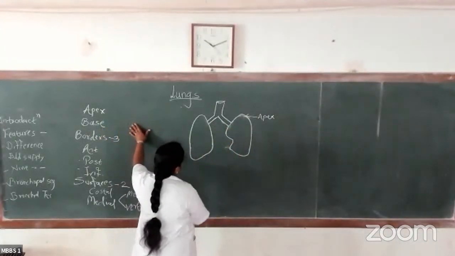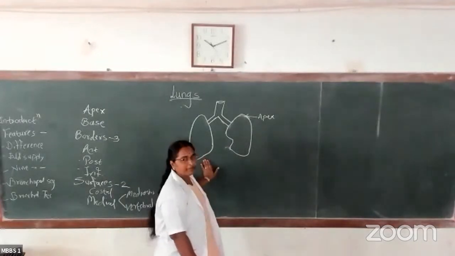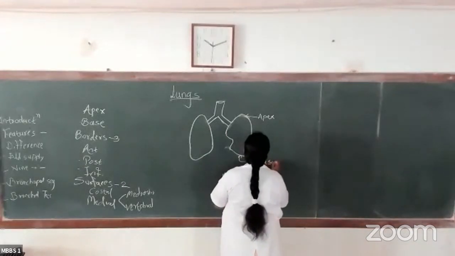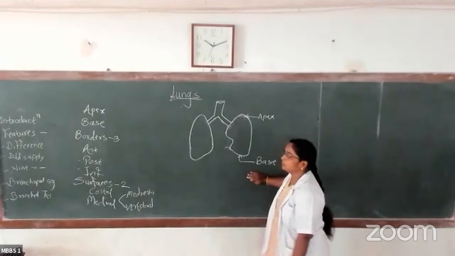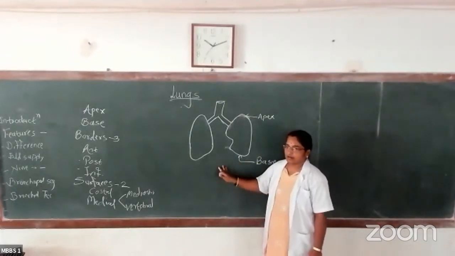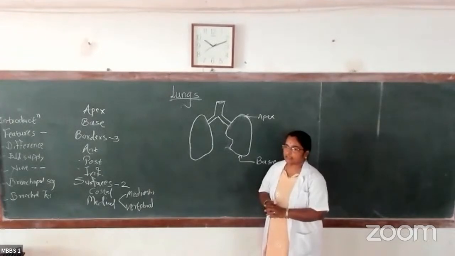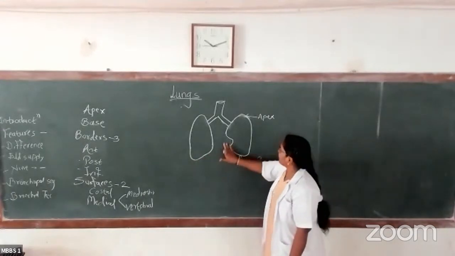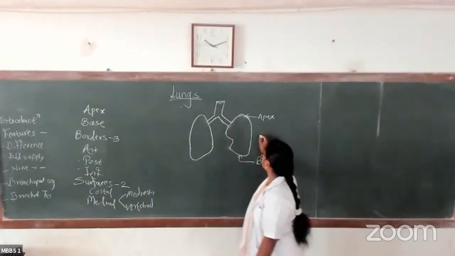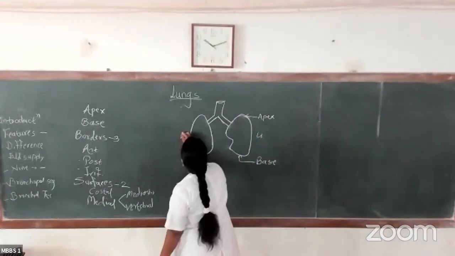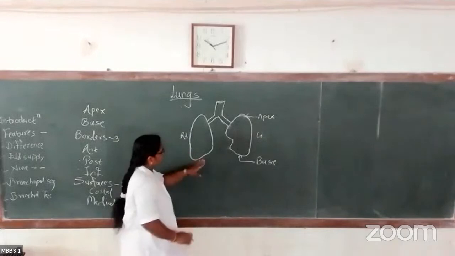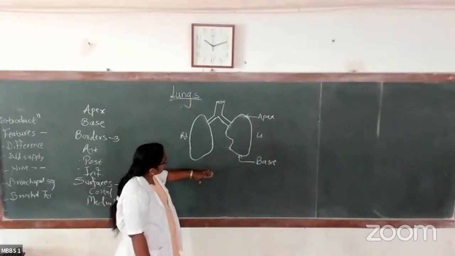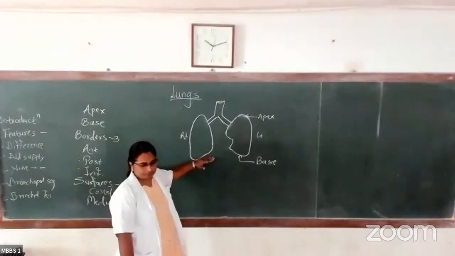Now the base. Base is semi-lunar in shape, which is present above the diaphragm. Now this base of the right lung separates the lung from the right lobe of the liver.